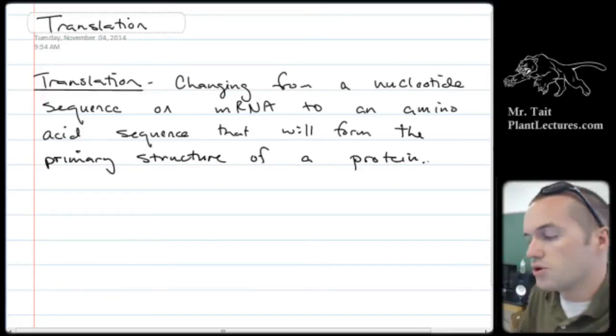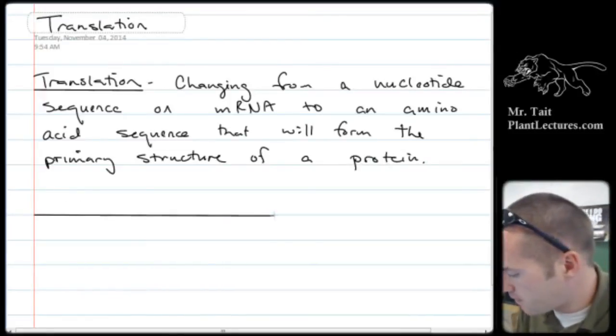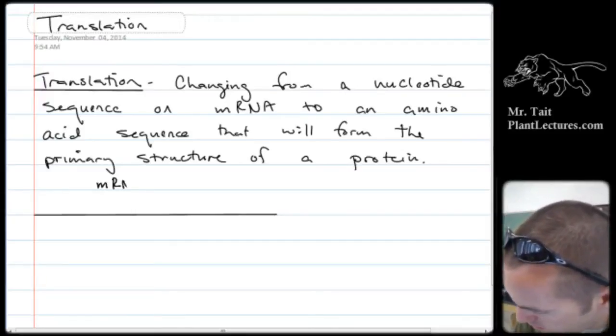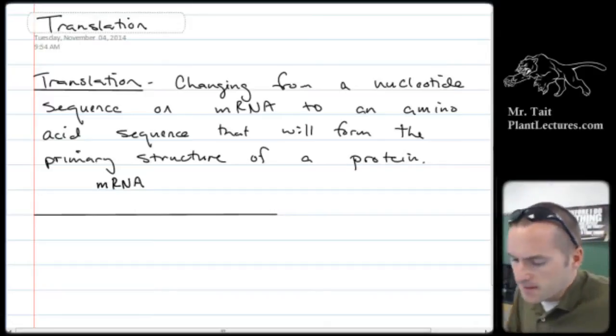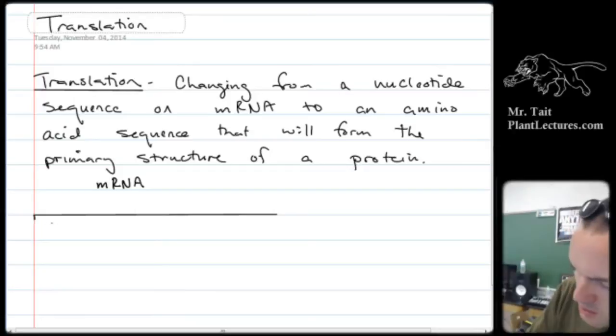Okay, so let's draw out a very small mRNA strand here. So this is going to be mRNA. Okay, and on this strand of mRNA, there are going to be some nucleotides.